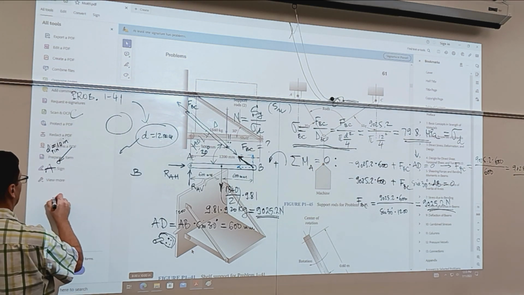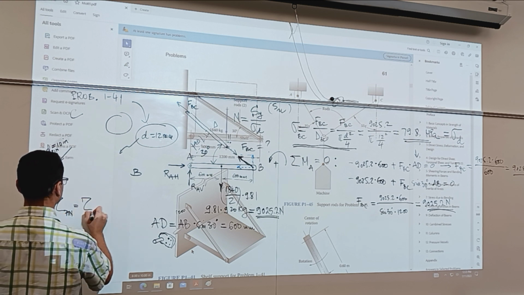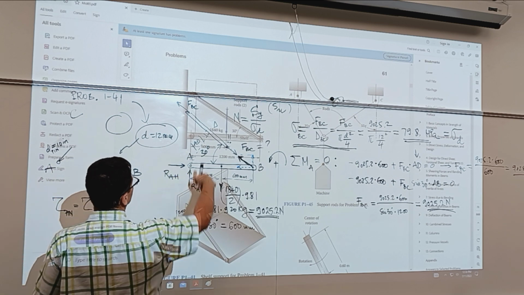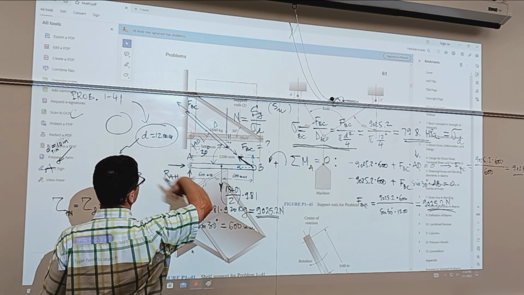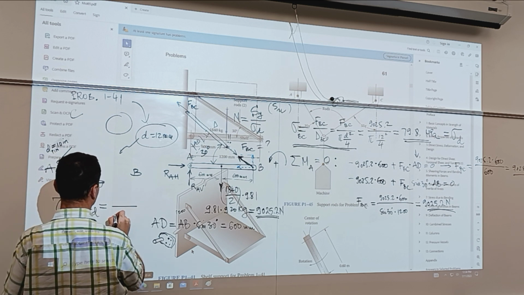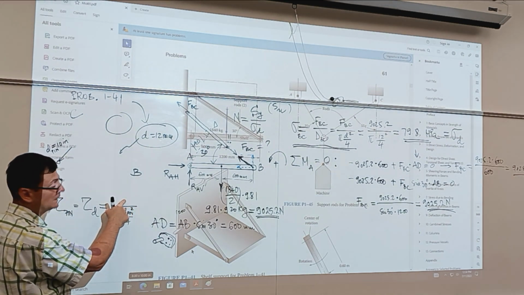So tau at the pin, we can call it pin, or we can call it design stress, and that's going to be the resultant reaction force at A divided by the area of the pin, pi diameter of the pin squared over 4. So what goes here?